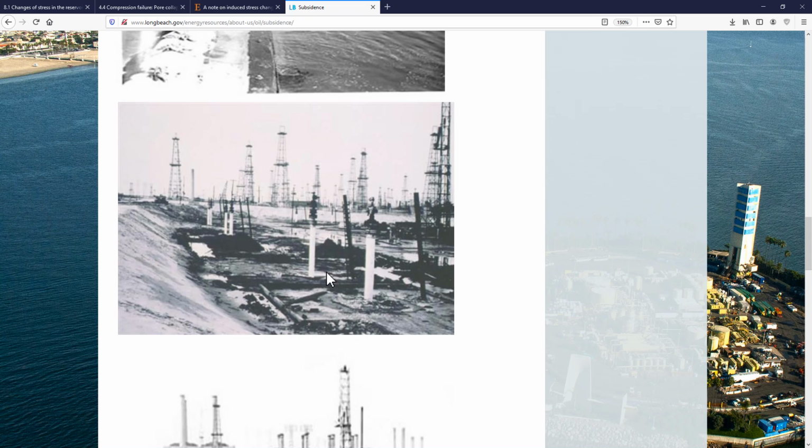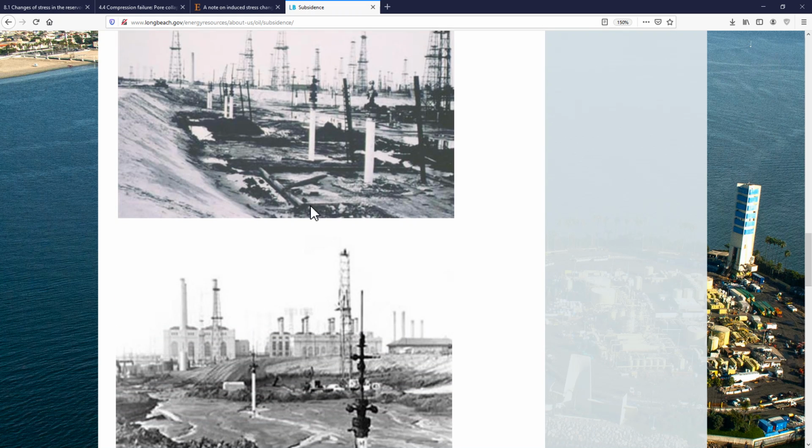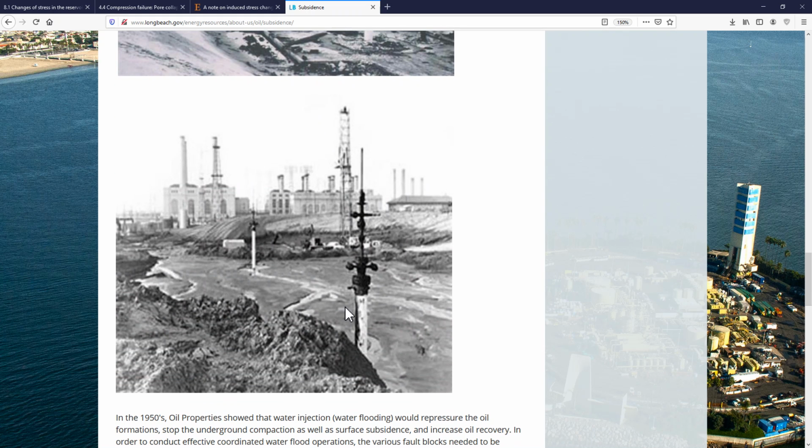Right here you see the conductor casing and the wellhead, which is quite above what it was originally before beginning the extraction of oil. And here you also have a nice picture about how dramatic the settlement of the surface was at this particular location.